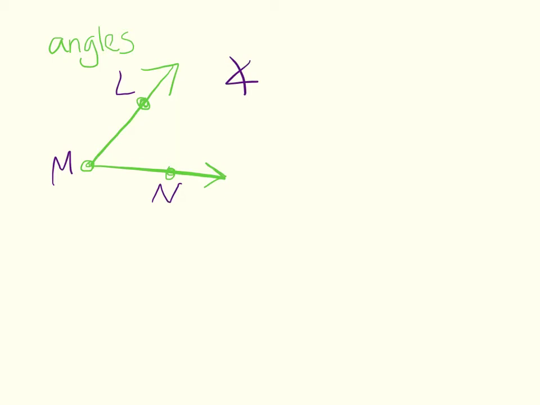The next things that we have are angles. Angles look like this. Now, to make an angle, it's really made up of 3 points. So if we call this LMN, we could call this angle, and that's an angle sign, LMN, or we could go the other way, NML.